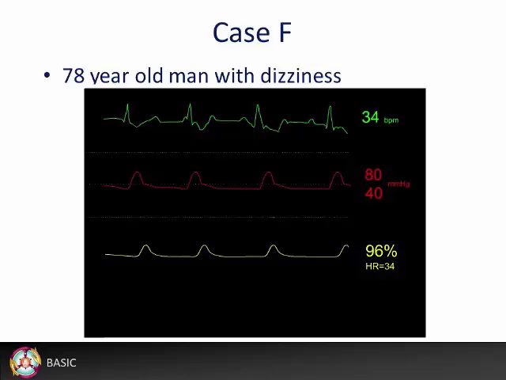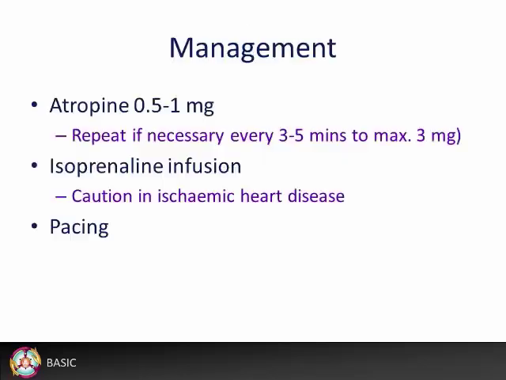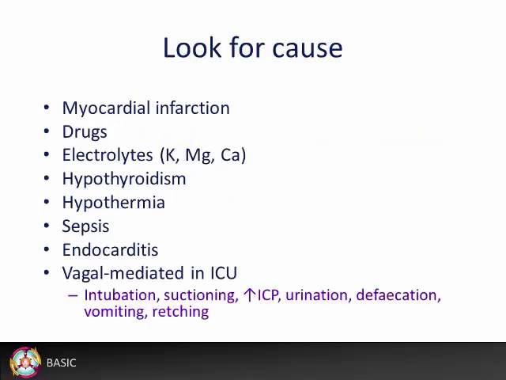This has resulted in significant hypotension, and he clearly needs urgent treatment, in the form of atropine, followed if necessary by isoprenaline and/or pacing. In addition, it is of course necessary to look for and treat the cause.